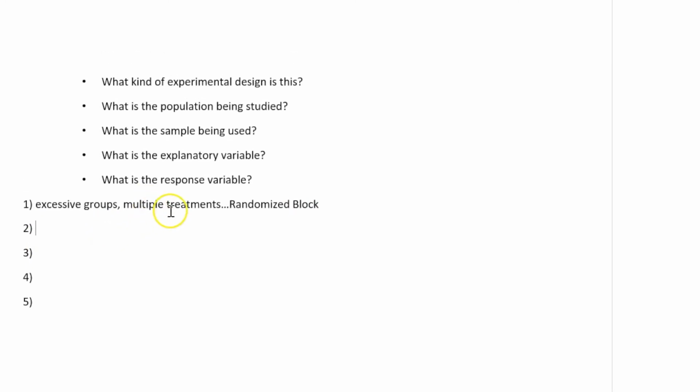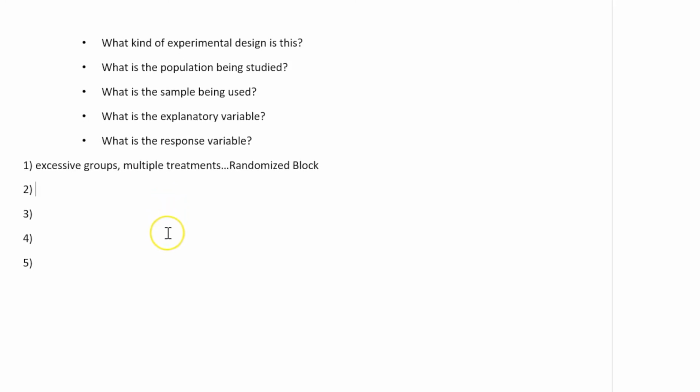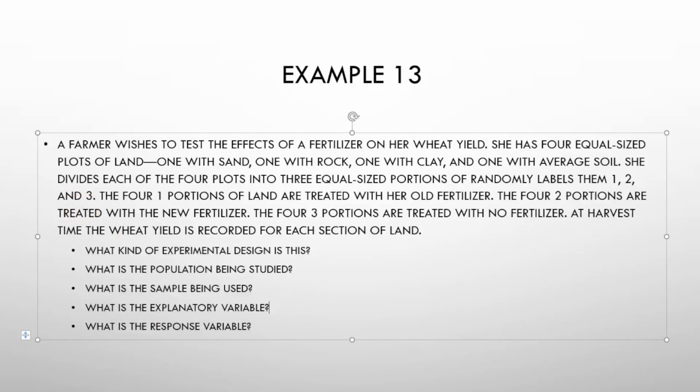Next one, what is the population being studied? Now, this is where a variety of answers can come into play. This is a problem where it wasn't people, so sometimes it's harder to define what our population is. If we look back here, what is it that I'm studying? Different soil types, right? What am I growing? Wheat, right?